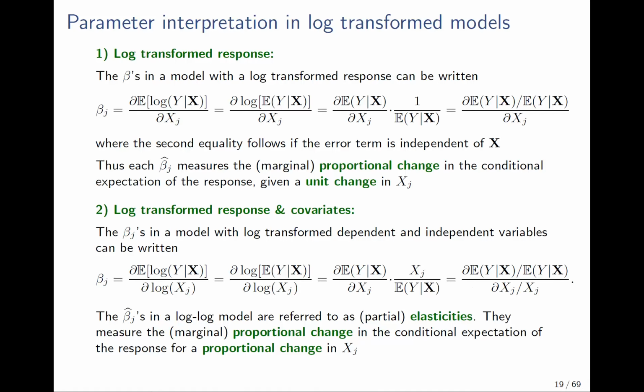And those of you who have studied economics will be very familiar with this. Coefficients of this kind are referred to as elasticities, or in this case partial elasticities, because we're using the partial derivative. And they measure the proportional change in conditional expectation of the response for a proportional change in xj, and therefore everything becomes unit-free and proportional and delivers a much easier interpretation. So that's the point about an elasticity.